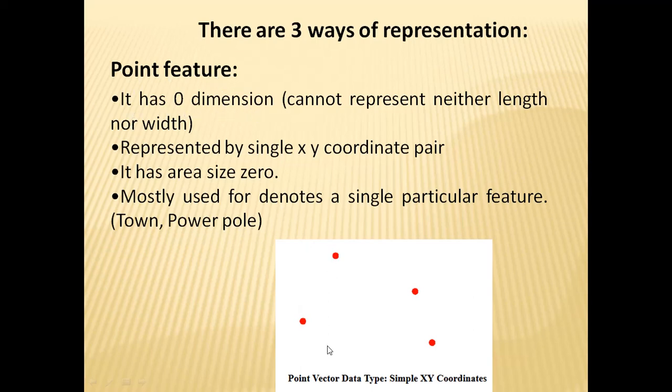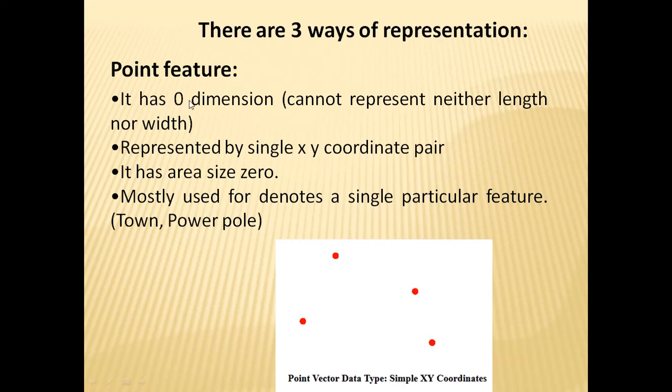See, if you find any small huts, temples, post boxes, post offices and bus stops, like that, you can assign the points on the satellite image or topo sheet, then you will save it in vector form. This is point features.